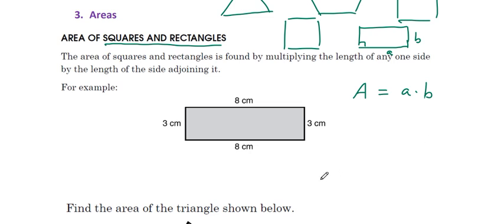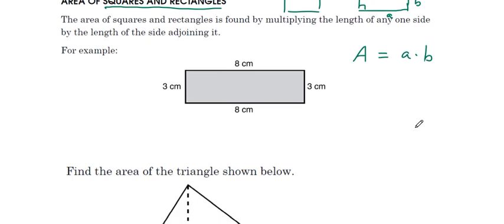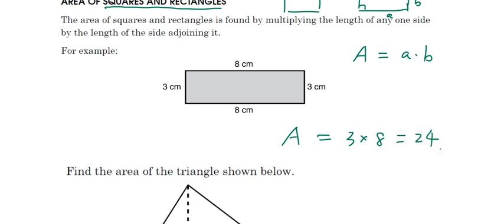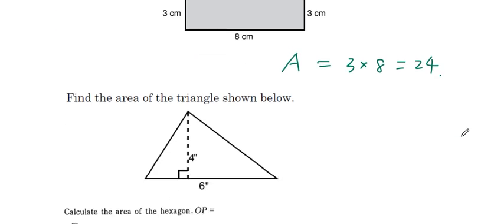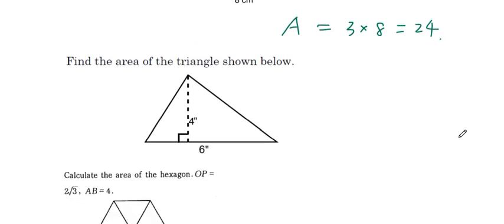So here, if this is 8 and this is 3, then what is the area? Such a problem is very easy. Just 8 times 3, or 3 times 8, right? So we say 24. Then let's check the area of the triangle.